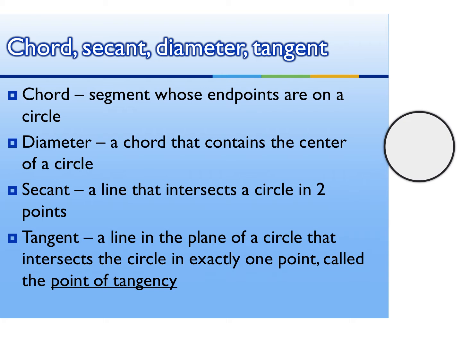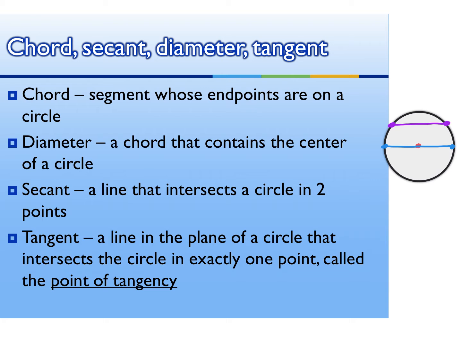So if I go ahead and draw a chord here, I could draw the chord in purple. The endpoints are on the circle. So this would just be a chord. But when the chord goes through the center, then it's called a diameter. So the endpoints of these are on the circle itself.